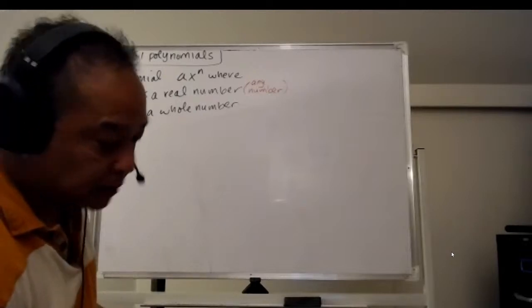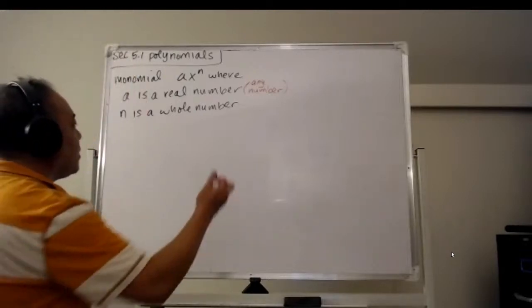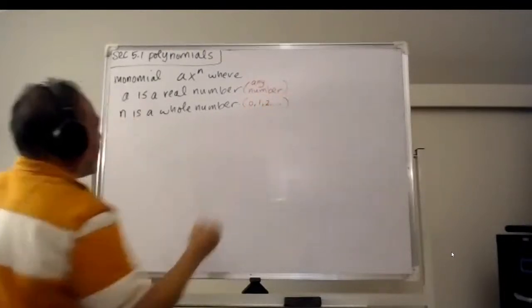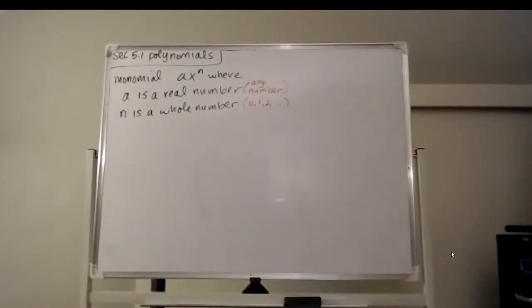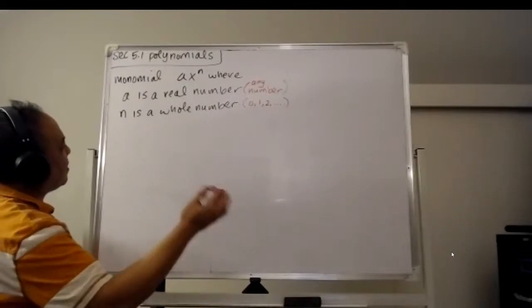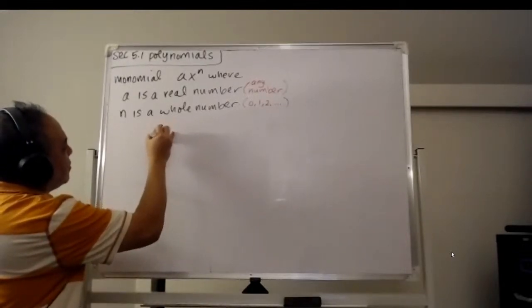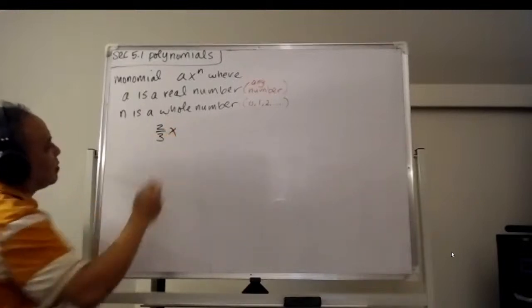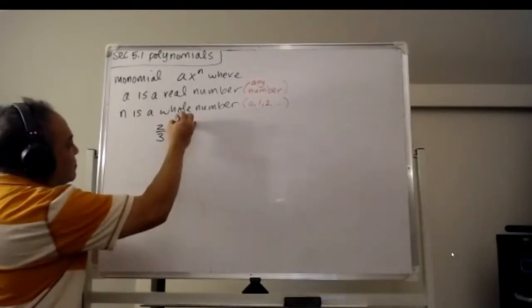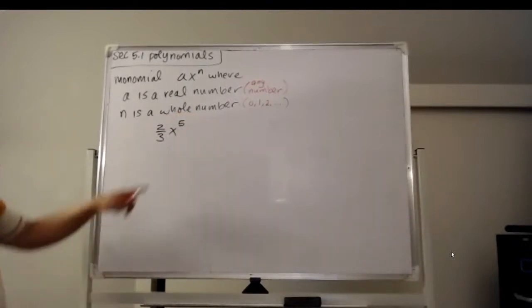Now, a whole number is just 0, 1, 2, and so on. So if I pick a real number at random, 2/3, and then a whole number, 5, this is a monomial.